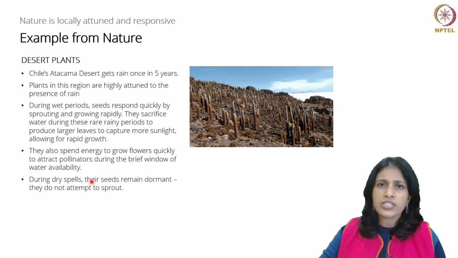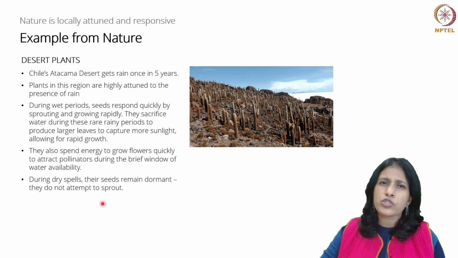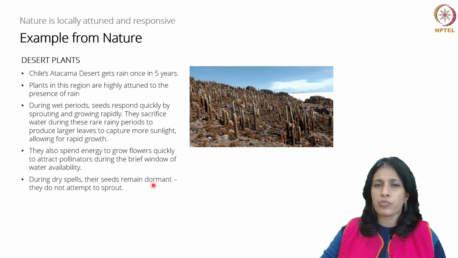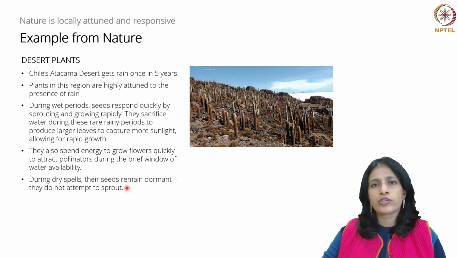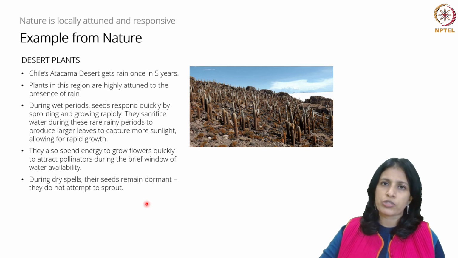And during the dry spells, they don't attempt to do anything at all. The seeds don't attempt to sprout, they just remain dormant. So they don't spend unnecessary energy trying to sprout during the dry spells. And that is an example of being locally attuned and responsive.